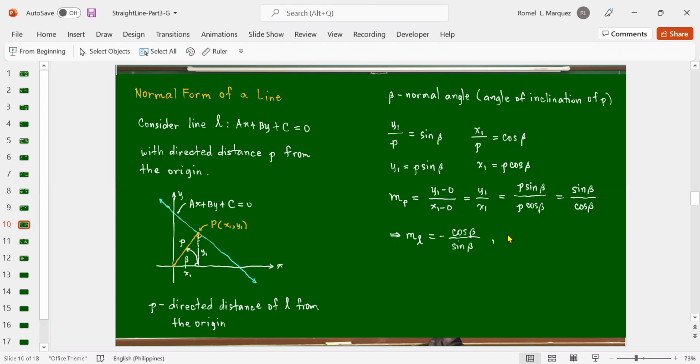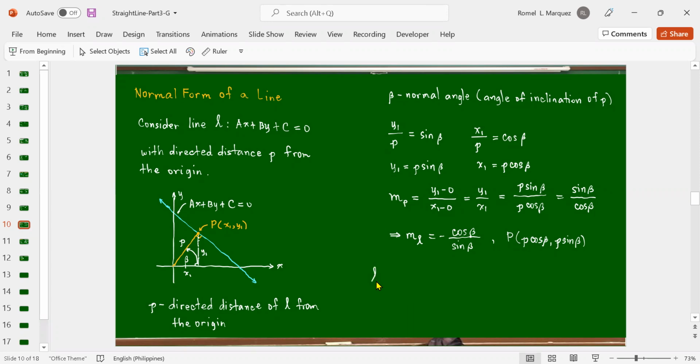And our point P is now given by x sub 1, y sub 1: P cosine beta, P sine beta. So we can now use point-slope to get the equation of this line involving beta and P. Okay, guys?